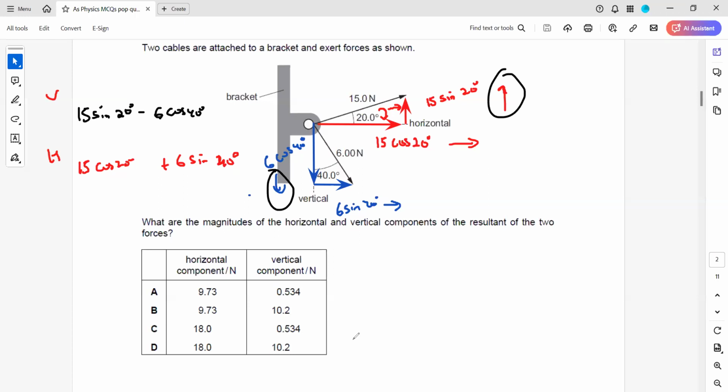Is it clear, this one? So whenever the vectors are acting in the same direction, we will add to get the resultant. If they're acting in opposite directions, we'll subtract to find the resultant.